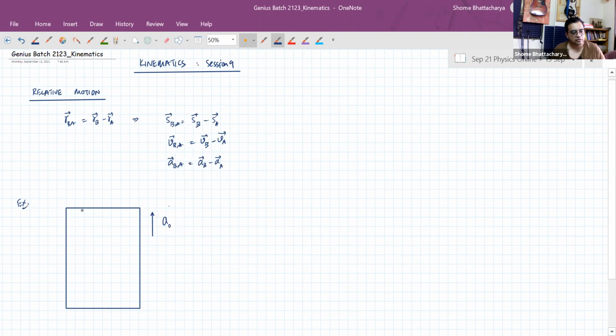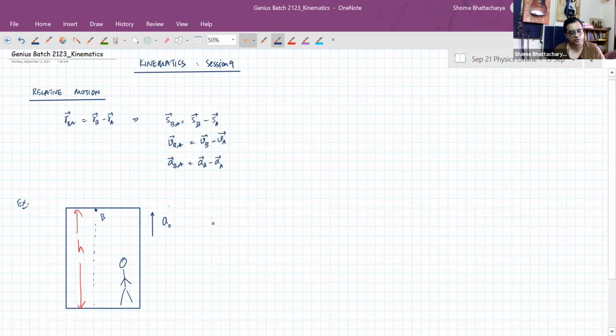And the height of the elevator is h. Now, there's a person inside the elevator, and what he observes is that there is a screw or a bolt, let's say B, which comes off the ceiling and eventually comes and hits the floor.